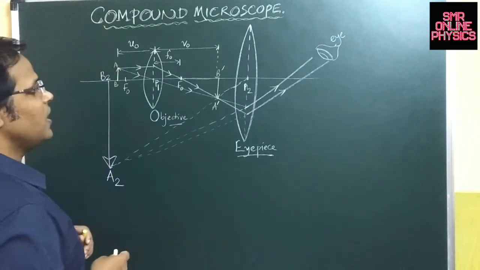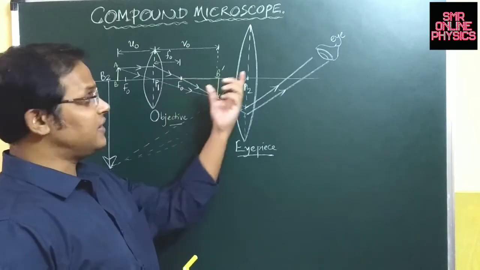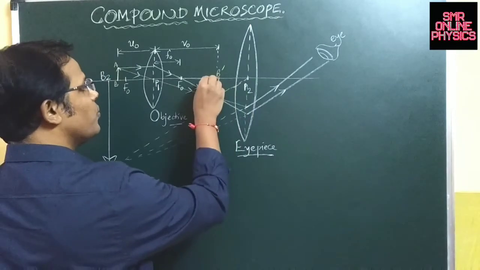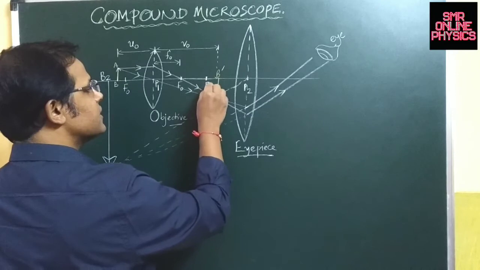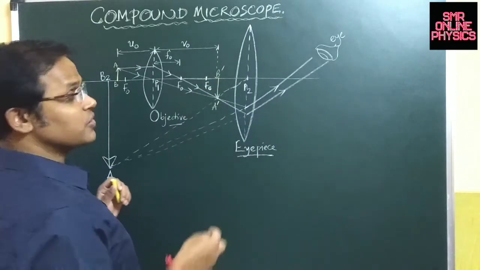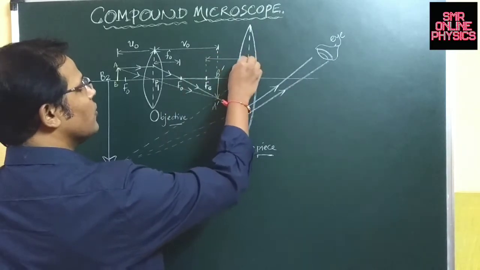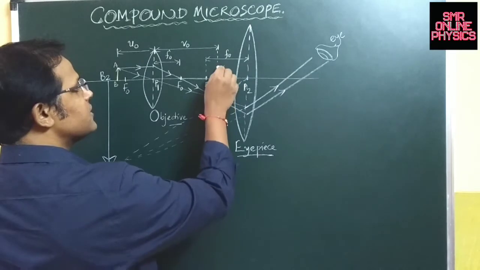Come on. Now this object is placed in such a way, this image is formed and this lens is adjusted in such a way that it actually forms within the focal length of this lens. So I should call this FE. This is the focal length of your eyepiece, FE. What about this distance?